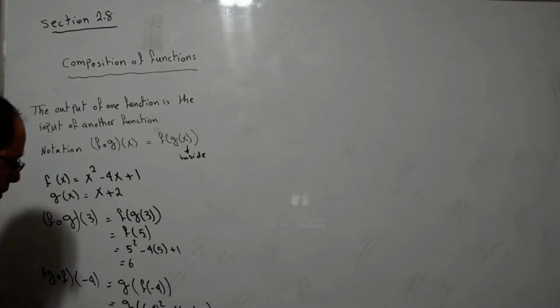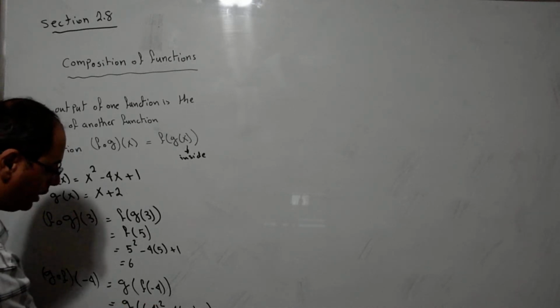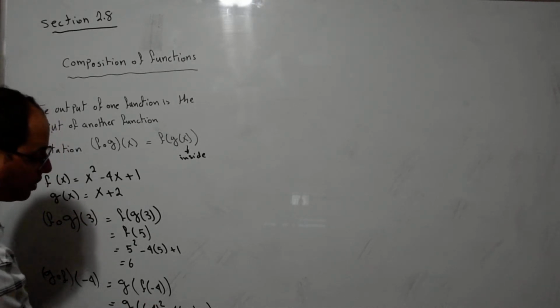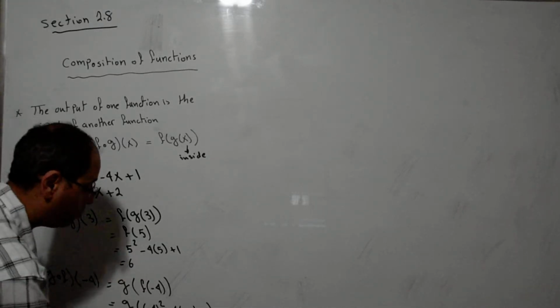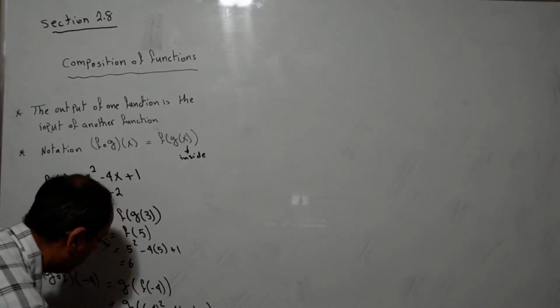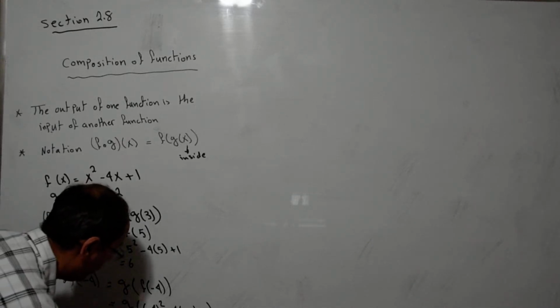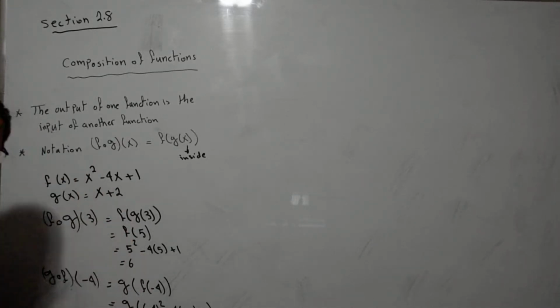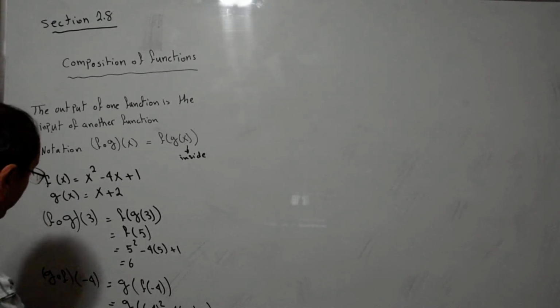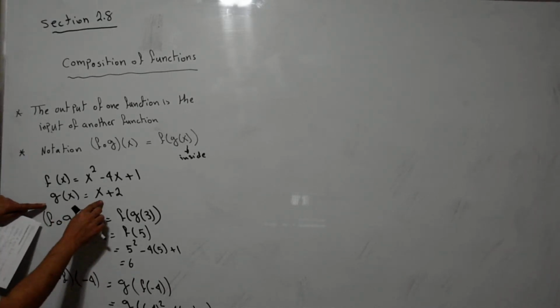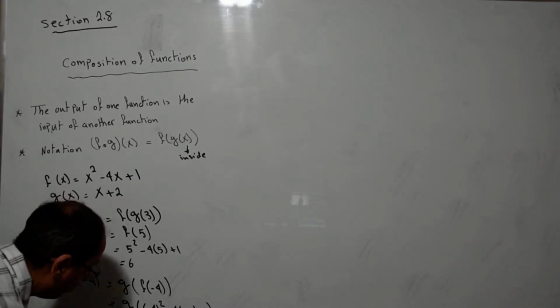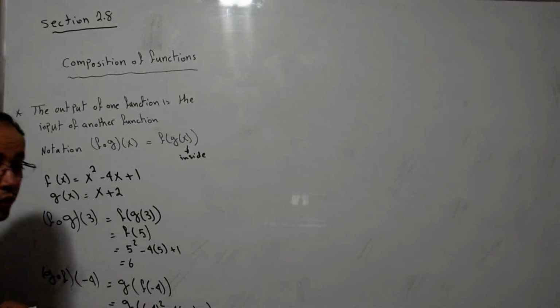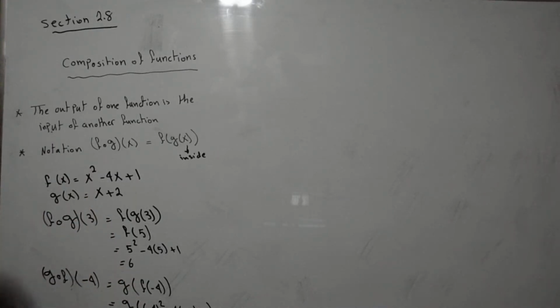That would be 16, and minus times minus is positive, 16 plus 1, so 16 plus 16 plus 1 is 33. So I'm going to say g of 33. You can compute it with me. I plug 33 into g, so x would be 33 plus 2, which is 35. So here is the answer.